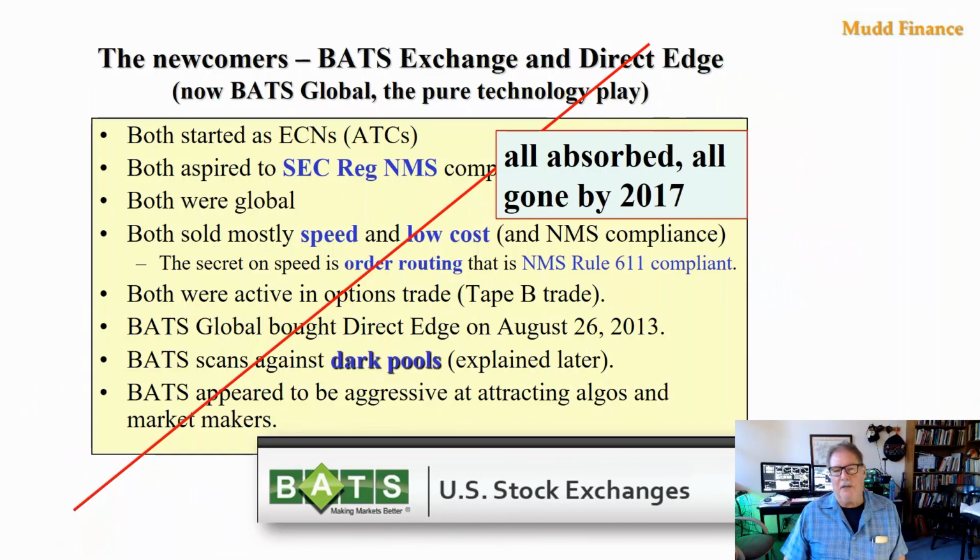None of this is relevant anymore because all of these independent exchanges were bought by either the big two, or if you include the Chicago Board Options Exchange, they purchased BATS. CBOE is in Chicago. It competes at a small level with New York Stock Exchange and Nasdaq, but their primary operation, I should say, is in options shares.